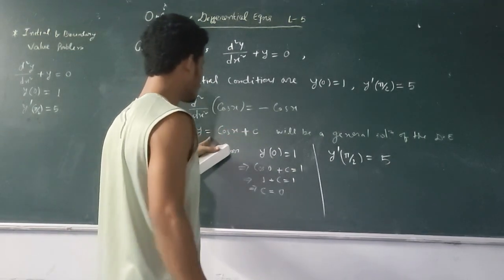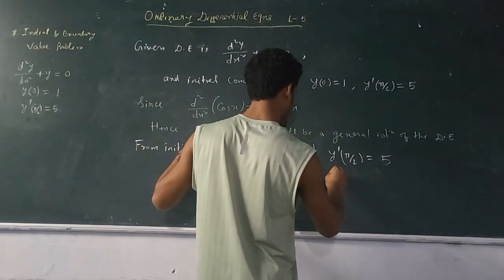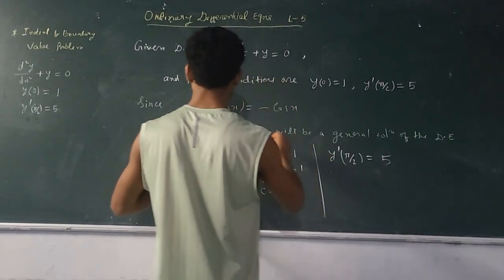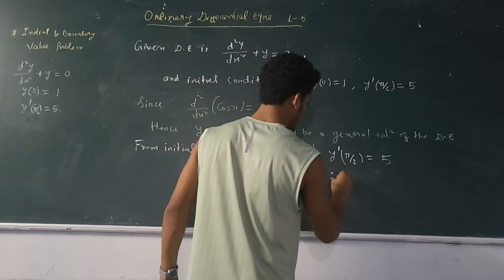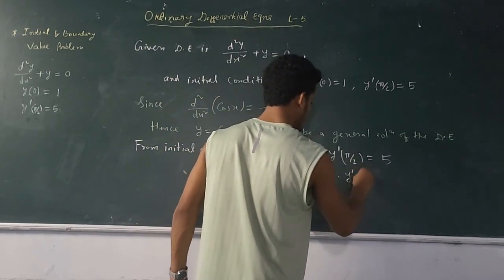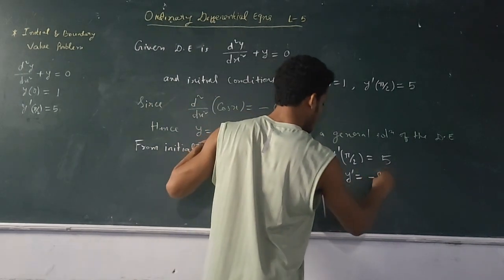Y is equal to cos x, then y dash will be minus sin x.